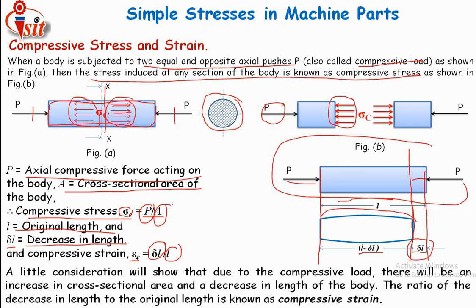So a little consideration will show that due to the compressive load, there will be an increase in cross-sectional area and a decrease in length of the body. So the ratio of decrease in length to the original length is known as the compressive strain.